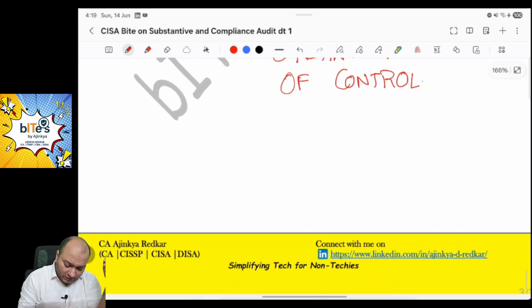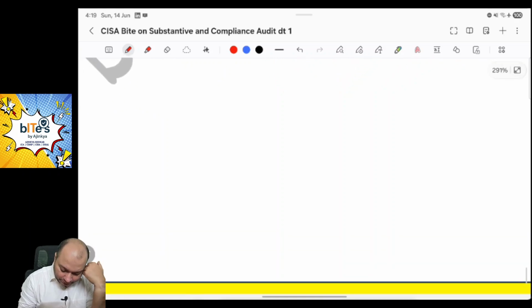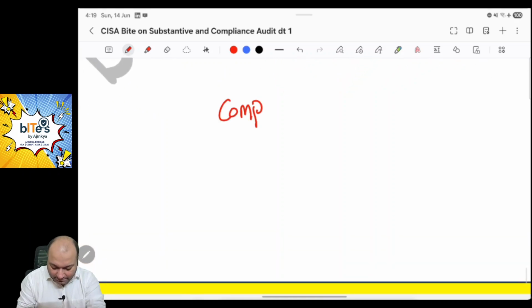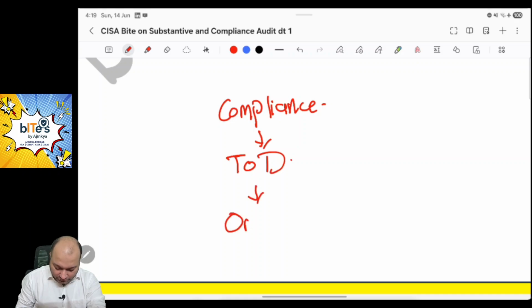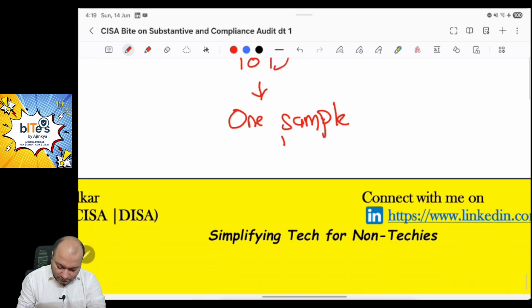So if I want to summarize again, compliance testing is called test of design, with one sample, to see whether the design is effective or ineffective.